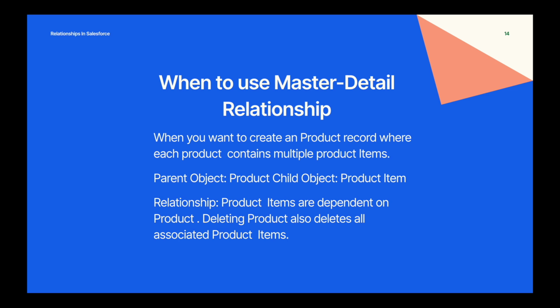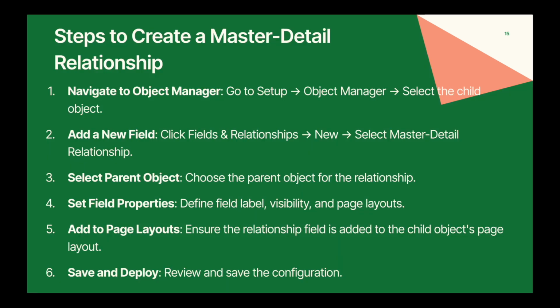So the parent object would be product and the child object would be product item. The relationship is that product items are dependent on product, so deleting a product will delete all the product items as well.